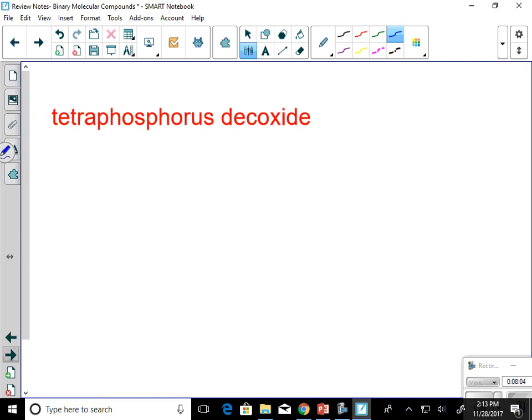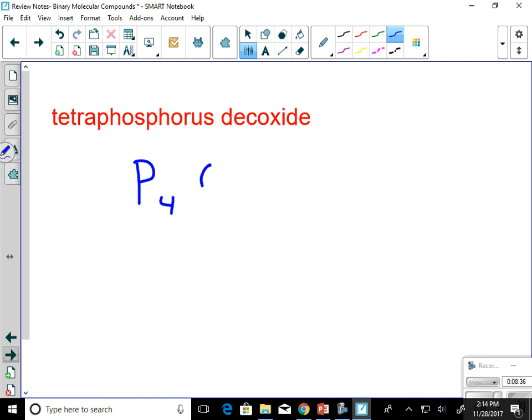Here's my second one. Tetraphosphorus decoxide. Break it down. I know that I have phosphorus. What's my prefix with phosphorus? Tetra, which is 4.